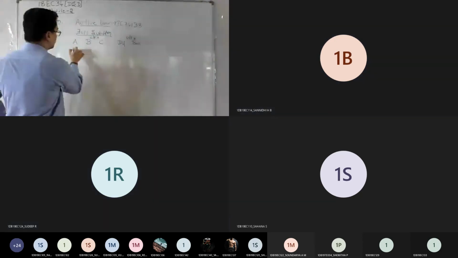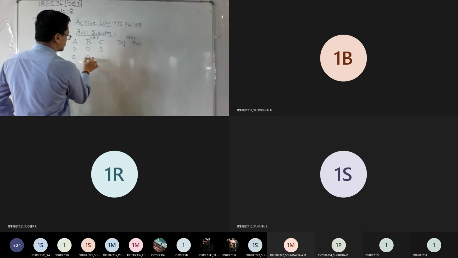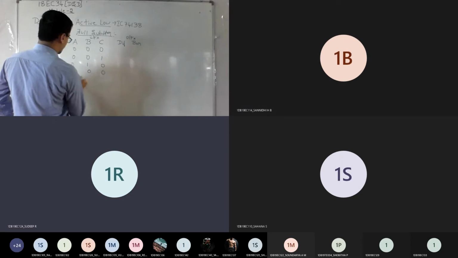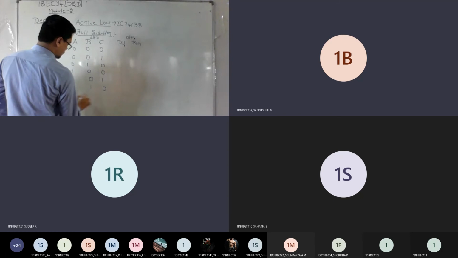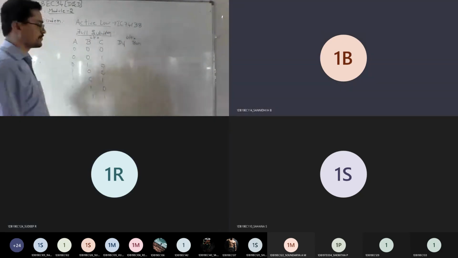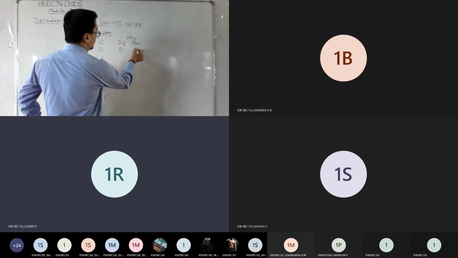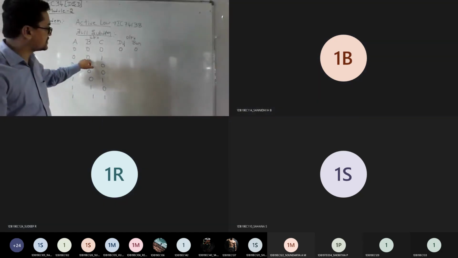I hope you have done this table, and I told you how to do subtraction also. Does everyone remember the subtraction procedure? Now you tell me. Anyhow, 0 minus 0 you will subtract and get 0. Then 0 minus 1.